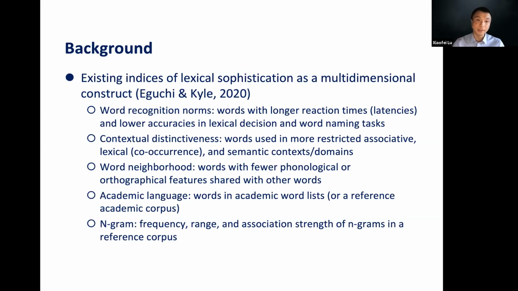Okay, and then basically once you have a particular piece of text that you want to assess, you look at the words in the text, or sometimes n-grams too, and then you consult a reference corpus, a reference word list, or some kind of psycholinguistic database or WordNet to obtain information about the words in the current text in those resources. And then you come up with some kind of measure to get an idea of how sophisticated the words are in the sample, in the text in question.